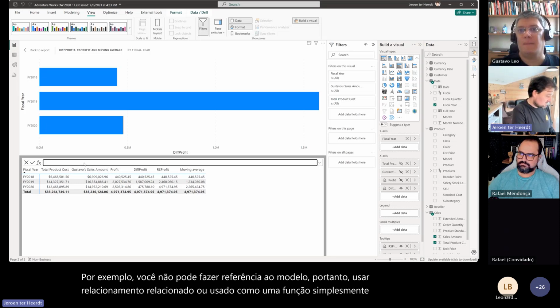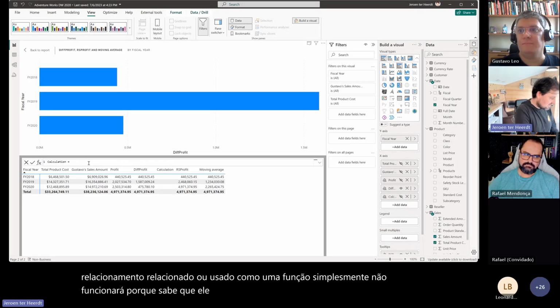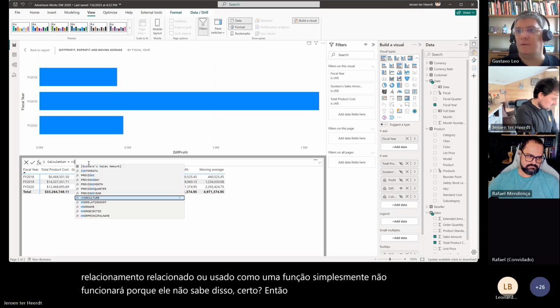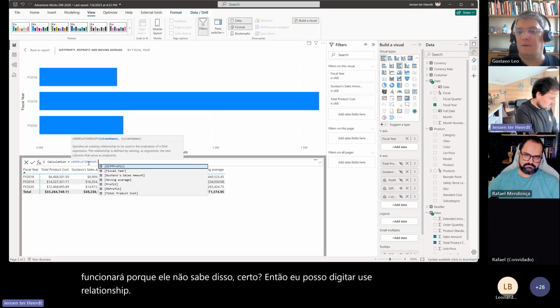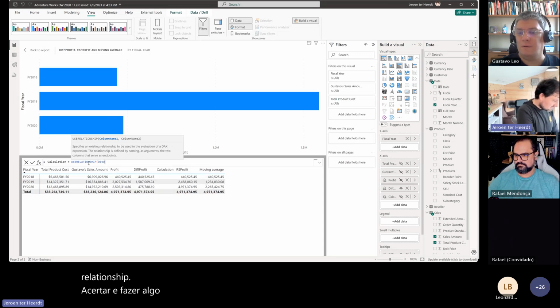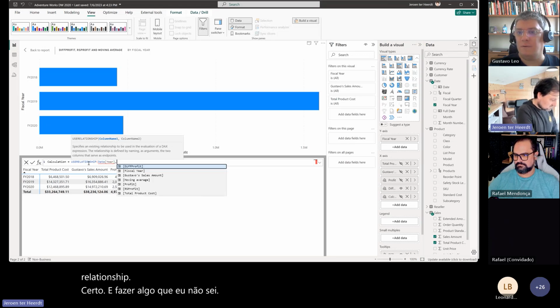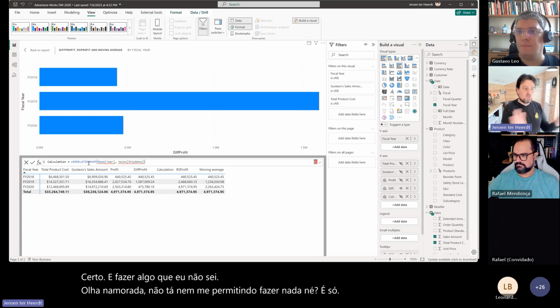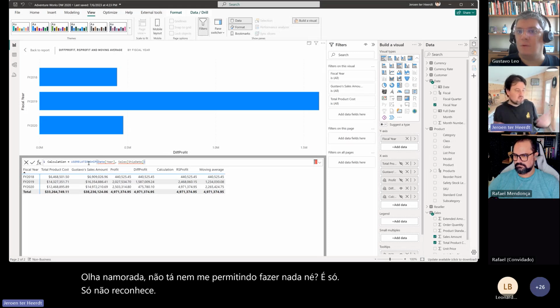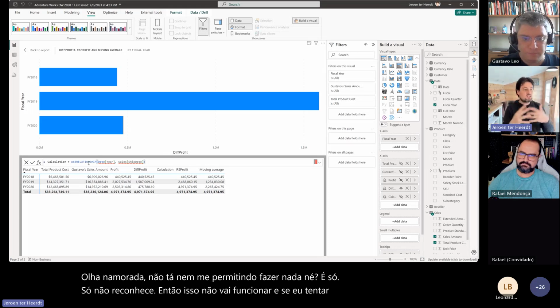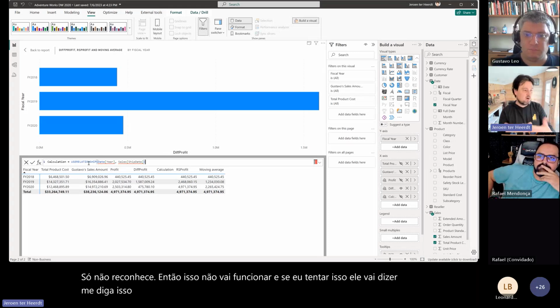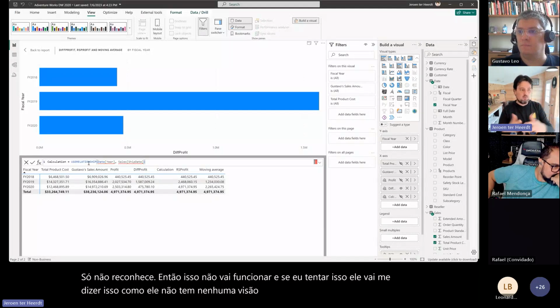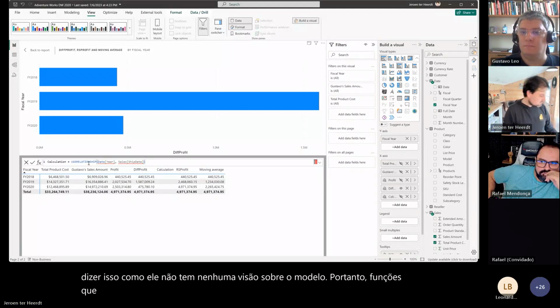I can type USERELATIONSHIP and do something with date, but look, it's not even allowing me to do anything. It just doesn't recognize it. If I try this, it will tell me it does not have any insight into the model, so functions that rely on the model will not be available.